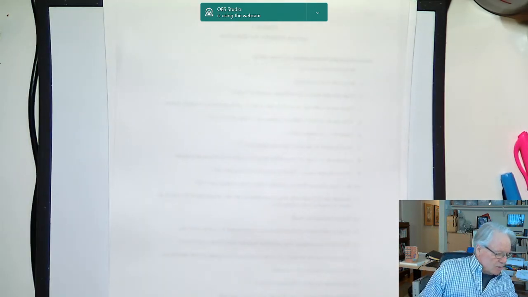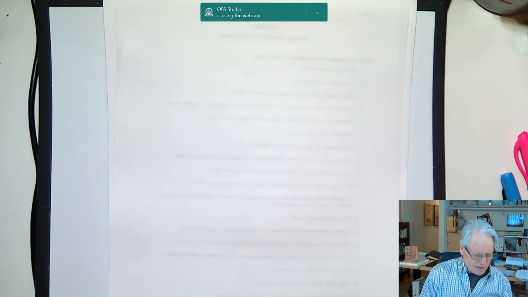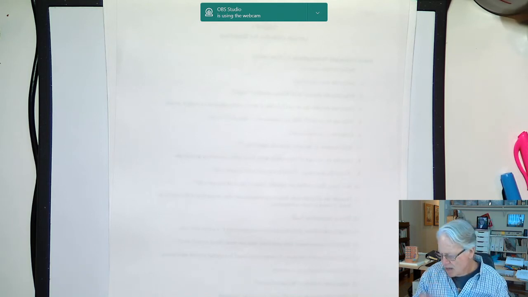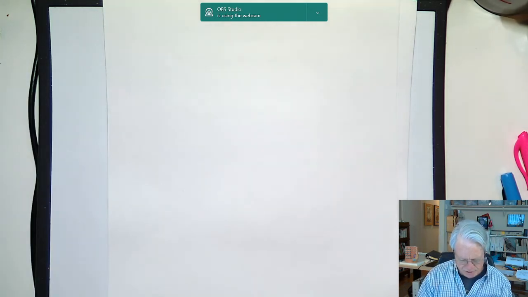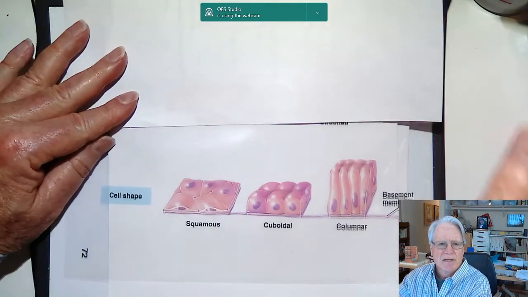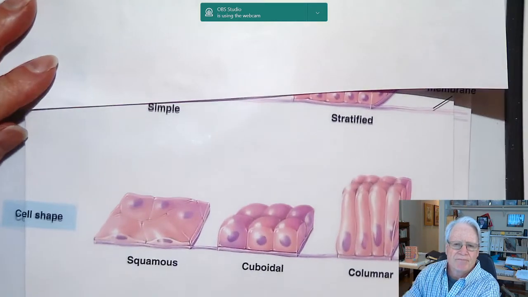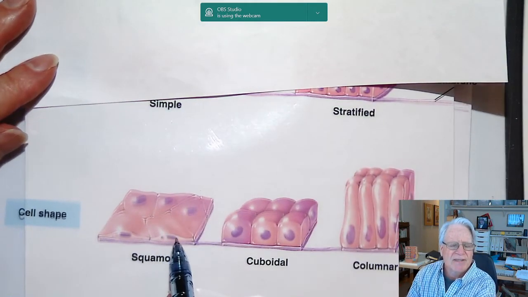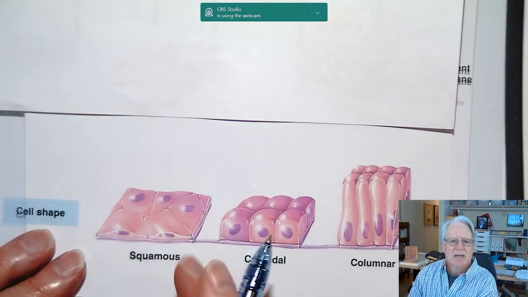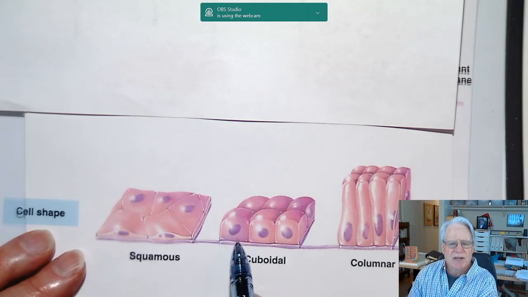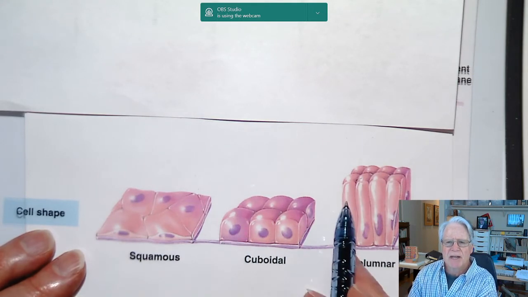Let's talk about these cell shapes, and we'll start off with the cell shapes. So I'm going to hide part of this. So we're going to just focus on that. So cell shape. Okay, so we get these flat cells. We get the cuboidal shaped cells. We get the column-like cells.